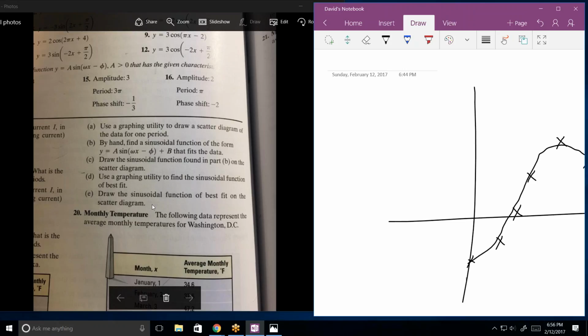And E, I'm not sure what the difference between C and E is. Don't they say the same thing? Not quite, but close. Yeah, pretty much. Well, okay, not really.